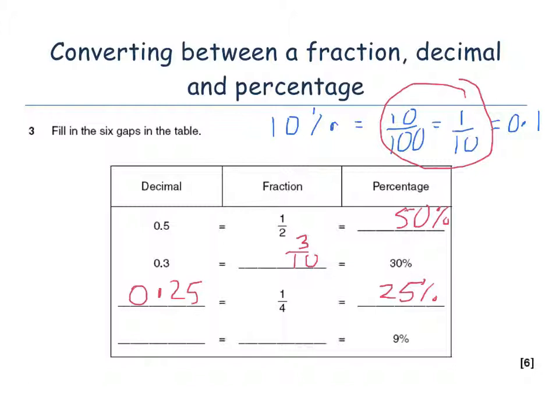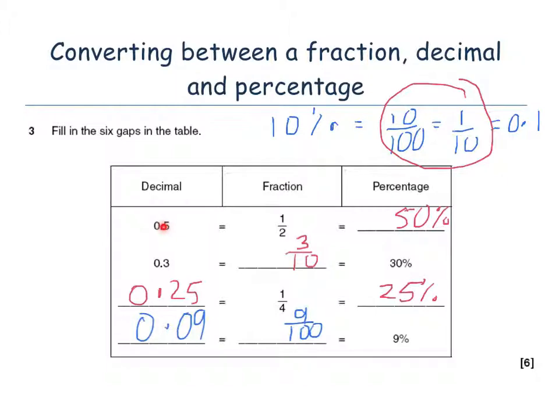So if we've got 9% on this last one, well, that as a fraction means we've got 9 out of 100. And to get our decimal, we need to divide our 9% by 100, which gives us 0.09.